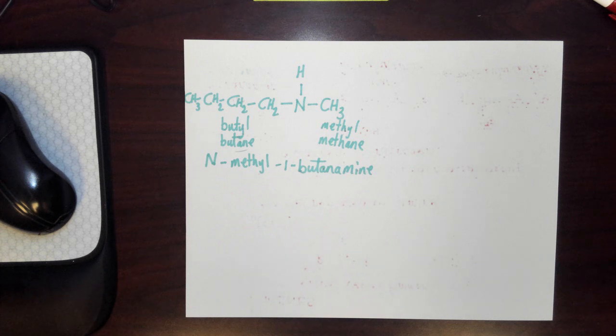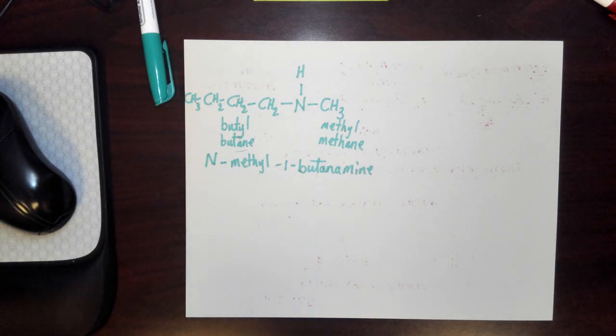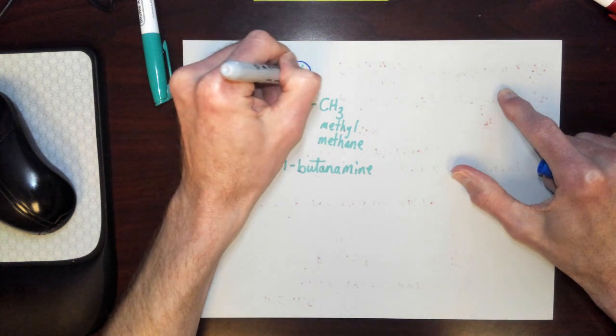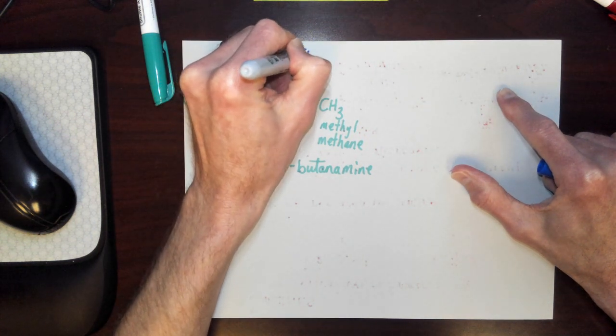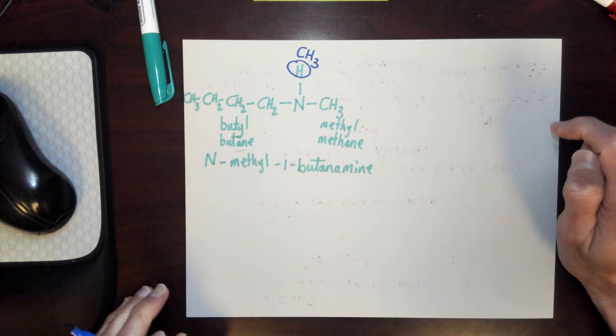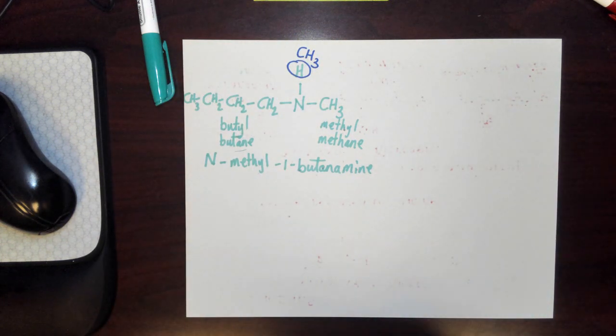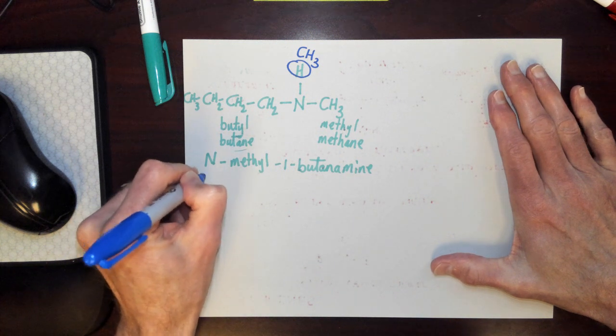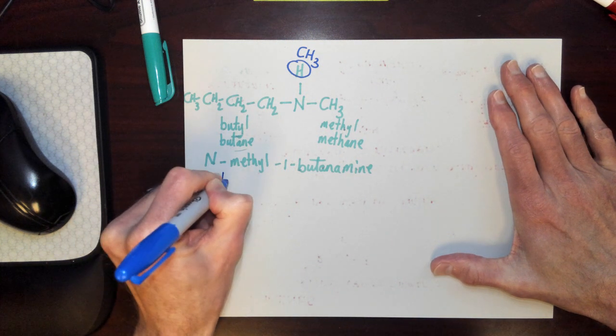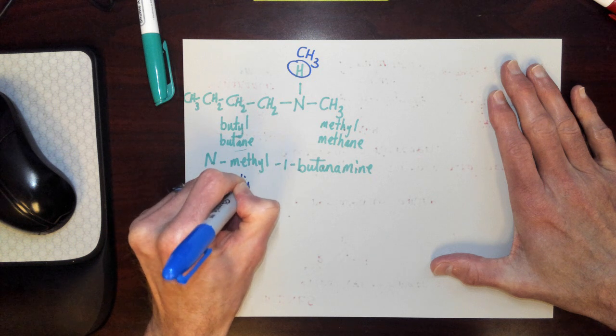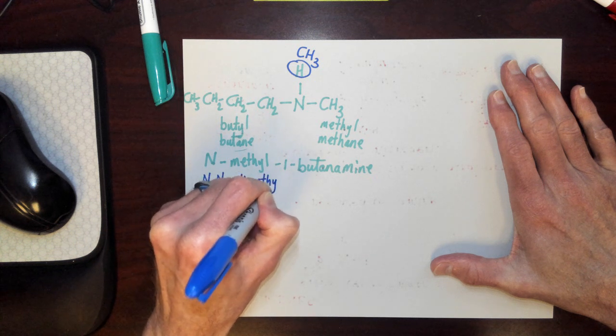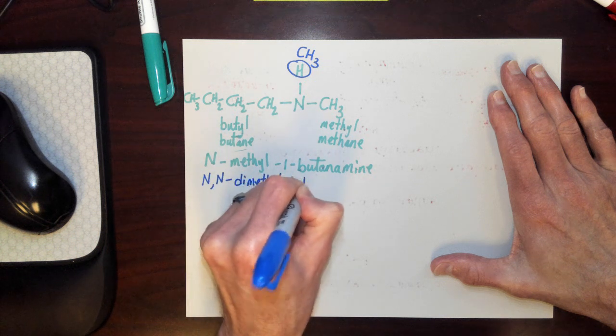All right. If we have more than one methyl attached to the nitrogen here, so let's say we replace this hydrogen with another methyl, then this becomes N,N-dimethyl-1-butanamine.